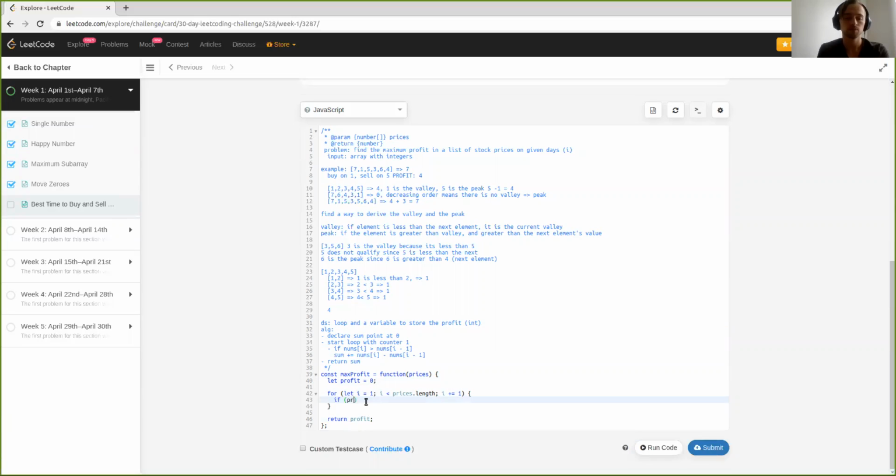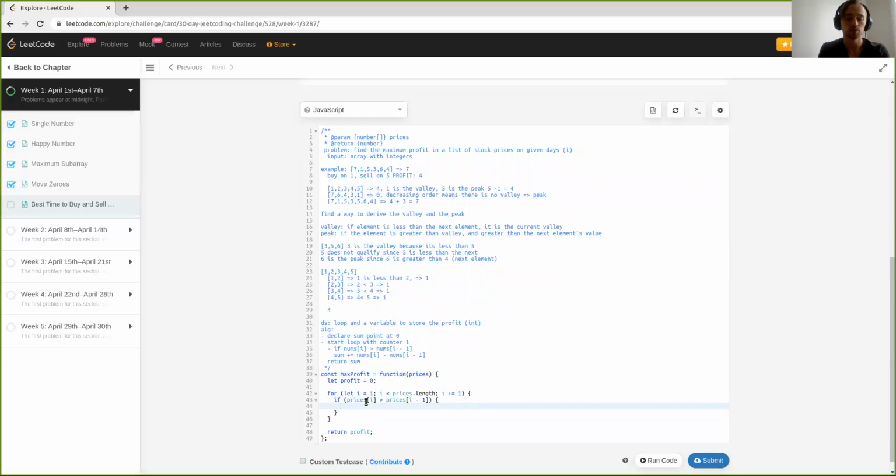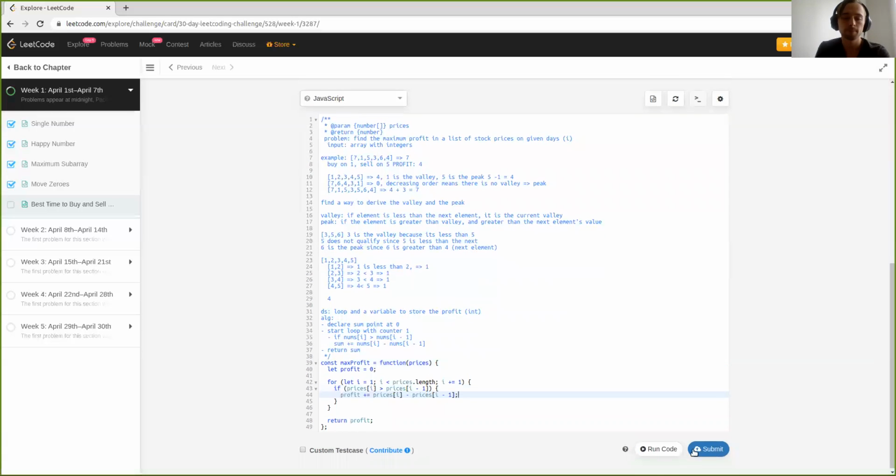If prices[i] is greater than prices[i - 1], we're going to do profit plus their difference, prices[i] minus prices[i - 1]. Let's run the code. I hope that JSON parse error doesn't come up again.